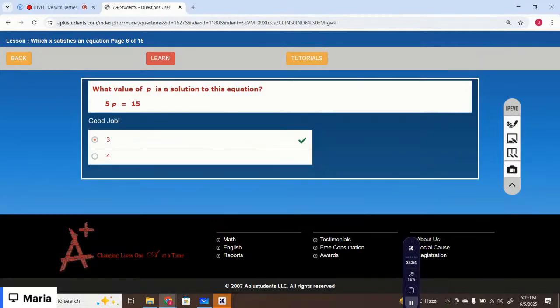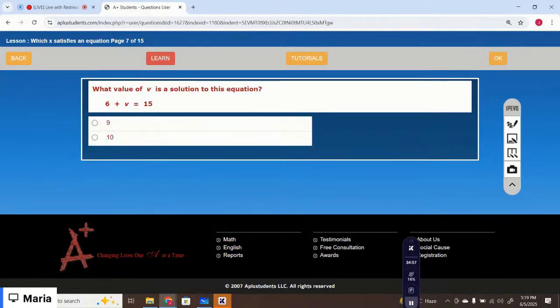That is what value of b is a solution to this equation?